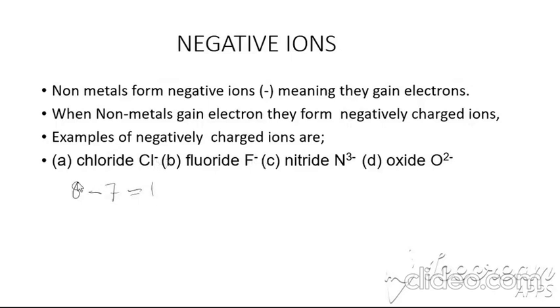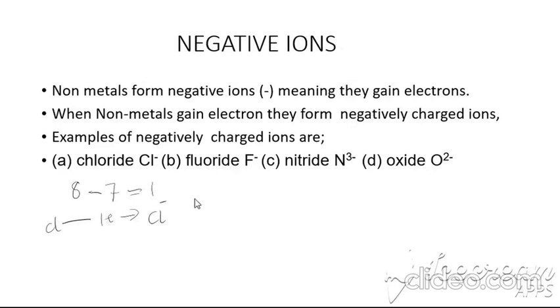So this one was like this. Chlorine, the symbol for chlorine is that one, and it's gaining 1 electron like that. And then it's going to form a chloride ion, which will look like this. It has gained 1. And then the same applies with fluoride.